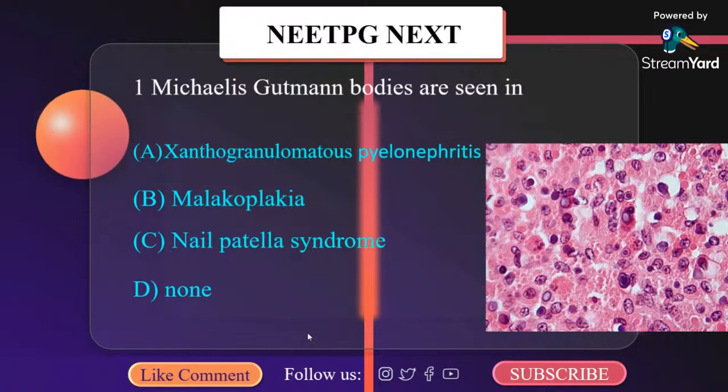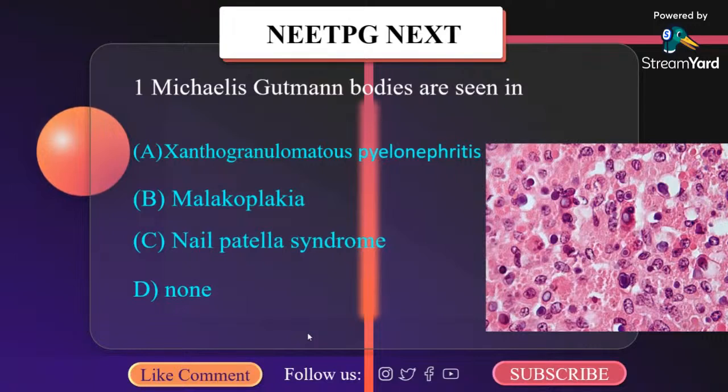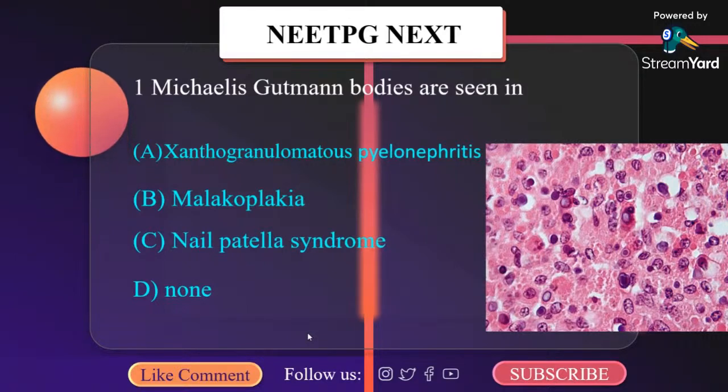Michaelis Gutman bodies are laminated mineralized concretions resulting from deposition of calcium in enlarged lysosomes. They are typically present both within the macrophages and between the cells. They demonstrate positive results using PAS stain and they are diastase resistant.